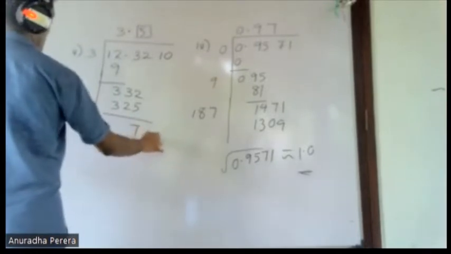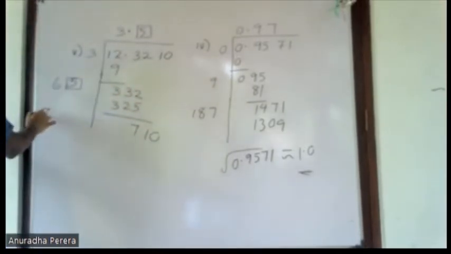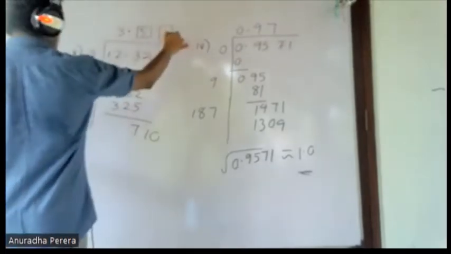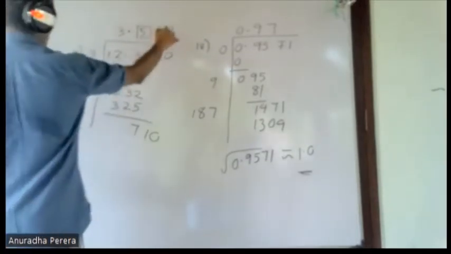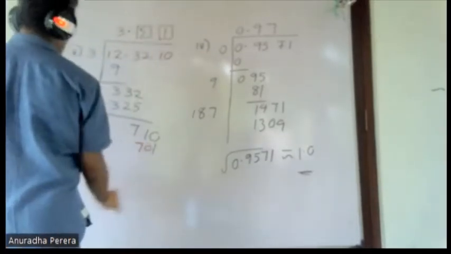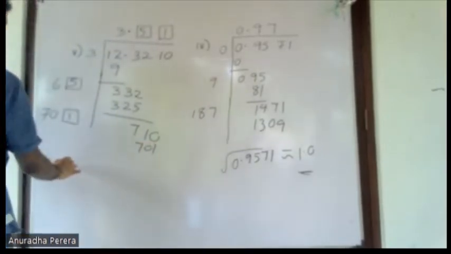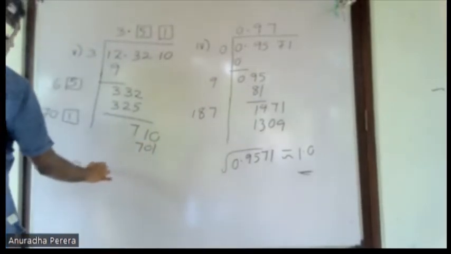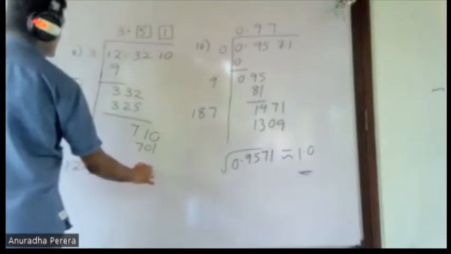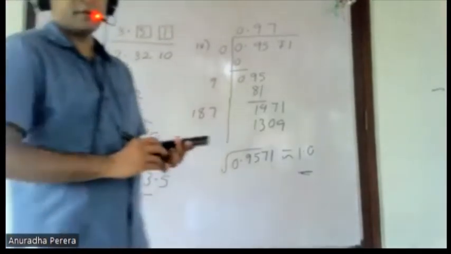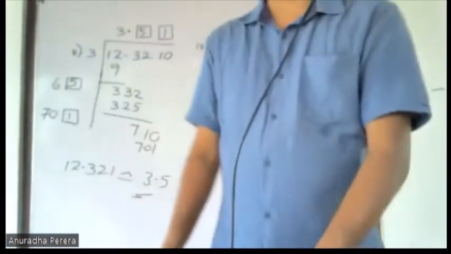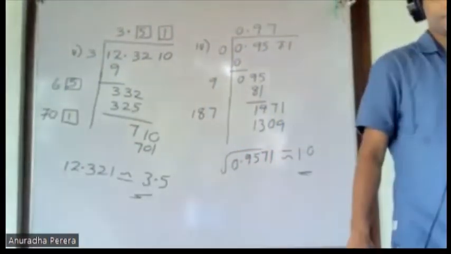Next pair. Twice of 35, 70. 1. Yes, so to the first decimal place, 3.5. 3.5. Yes. 3.5.